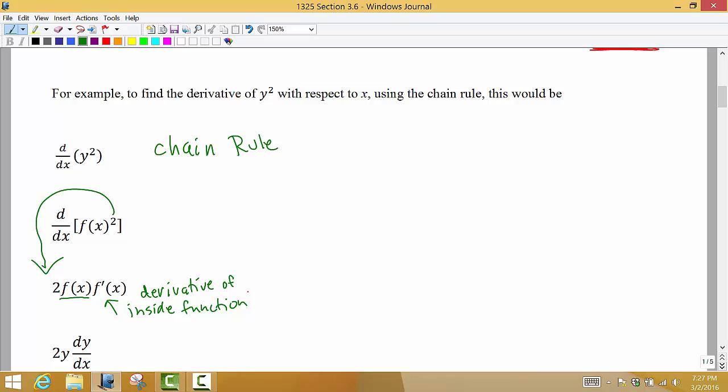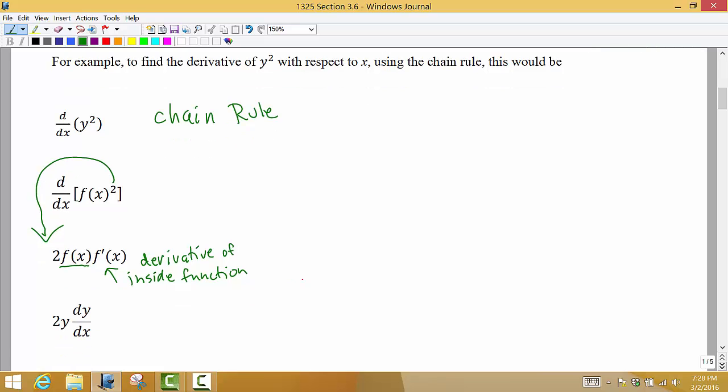So this is just the chain rule. We just don't know what f of x is, but we can use the notation to imply what we would have done if we had known what y was, or what that function was. So another way of writing this would be 2, and then the function itself, which is just y, and the derivative of y with respect to x. We don't know what that derivative is, but we can use this notation to describe the derivative of y with respect to x.